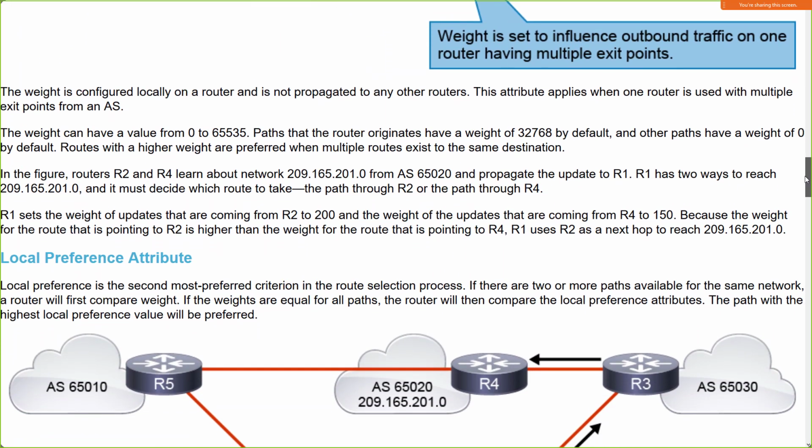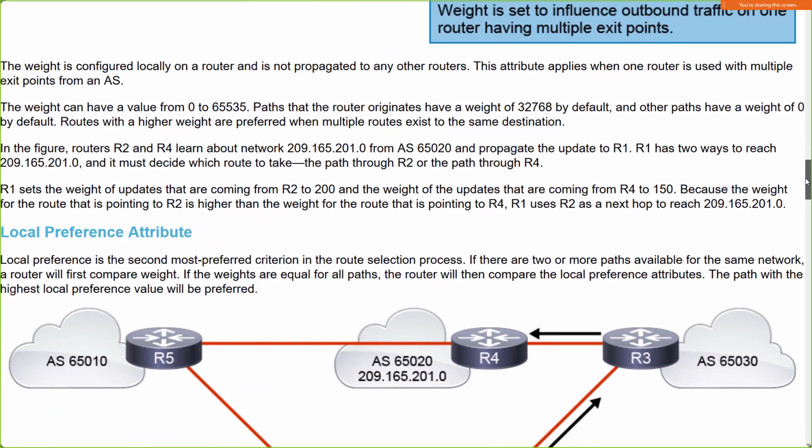Let's see. Weight is configured locally. Weight can have a value from 0 to 65,535. Paths that the router originates have a default of 32,768. Anything that's not originated by the router is 0. And in this particular case, we applied a higher weight from router 2. How do we do that, by the way? Well, we create a route map. And we do a match condition on maybe a prefix list.